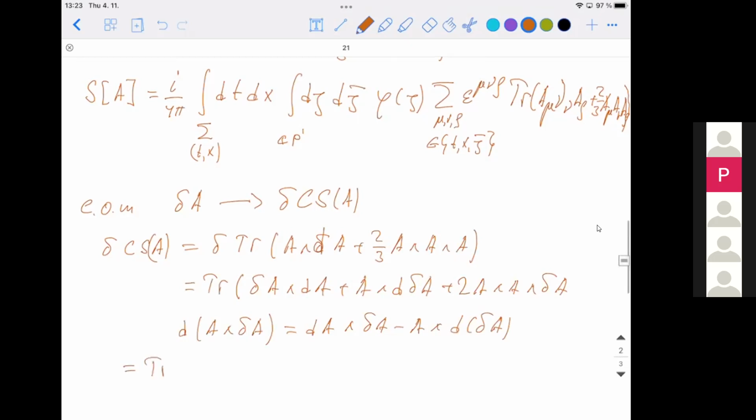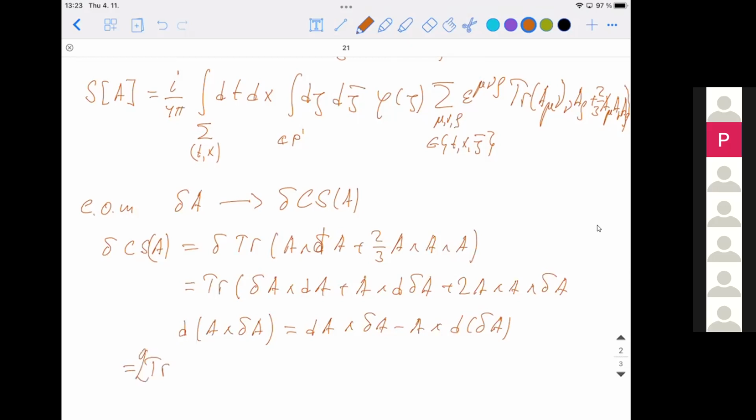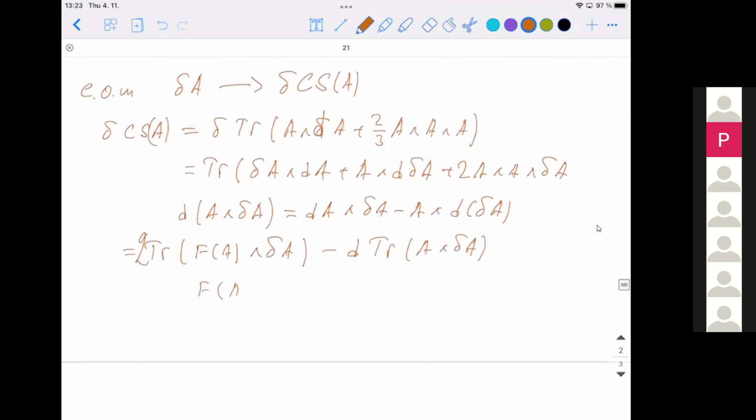So from here, you can write down the variation of the Chern-Simons 3-form. That's just 2 trace of F_A delta A minus d trace of A delta A, where this is the curvature term. Now we can put this result into the four-dimensional case.